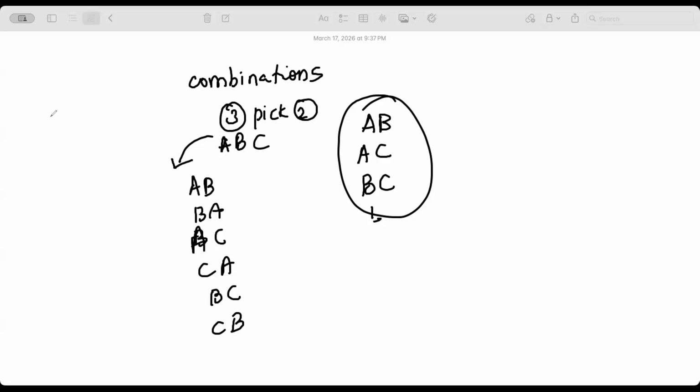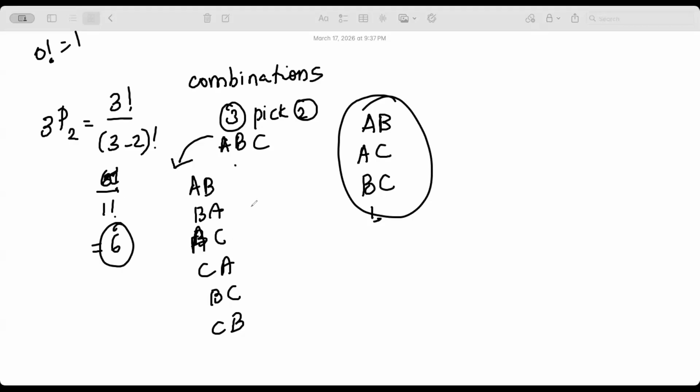So how do I write permutation? 3 permute 2. So 3 factorial by 3 minus 2 factorial. What is it? 6 by 1 factorial. 0 factorial is 1, guys. Remember that. So it is 6. There are 6 different ways when I consider the order.